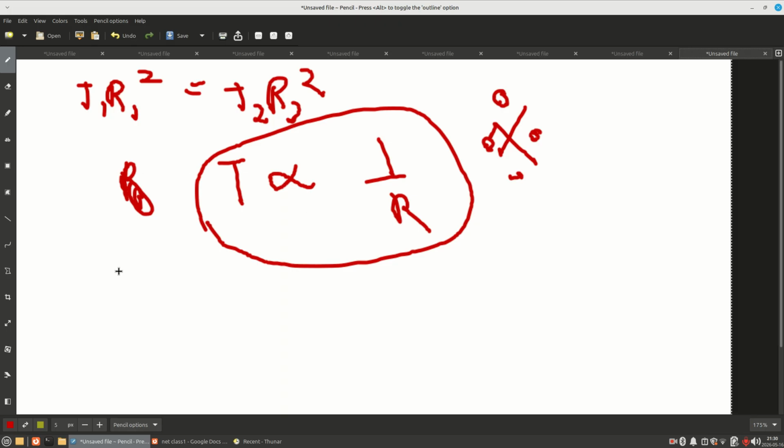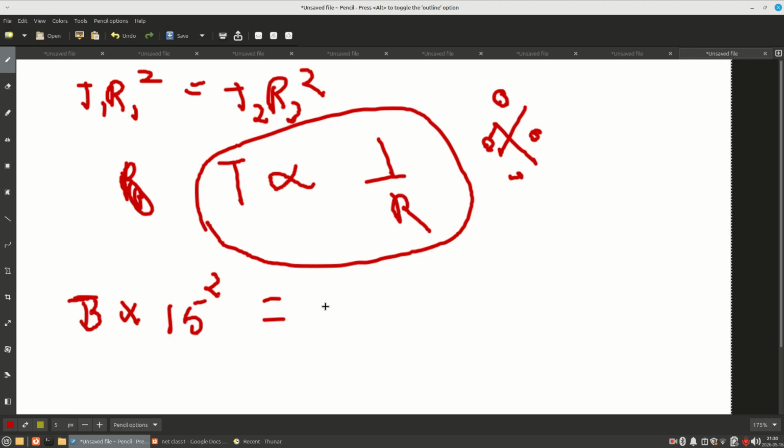Let me write the values first. For T1 we have a value of around 3 into 10 to the power of 5. We will write the T values later. For R1 we have a value of around 15.